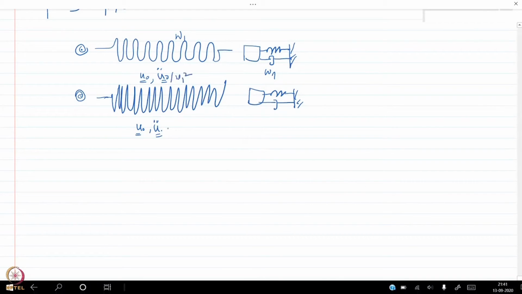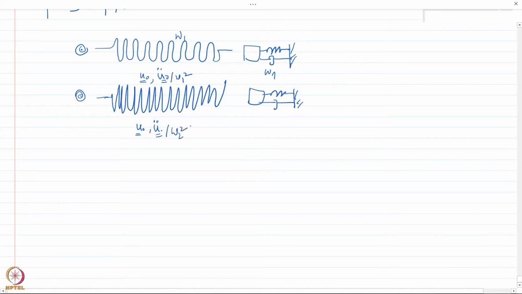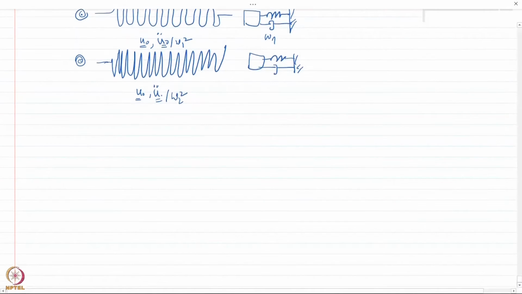So we divide by omega n square, we divide by omega 2 square, so that whatever we get is independent of the frequency. All right, and then we do it for several such excitations, and then we plot the response and see the variation.